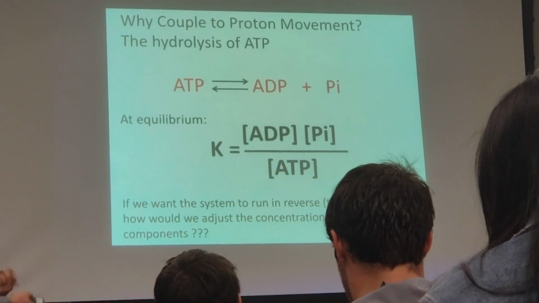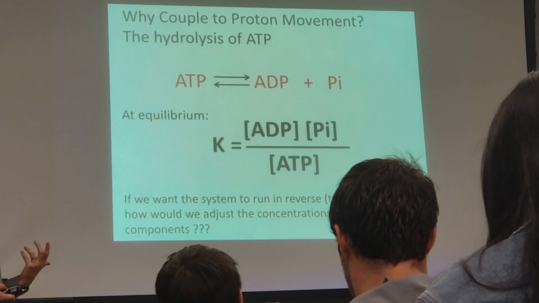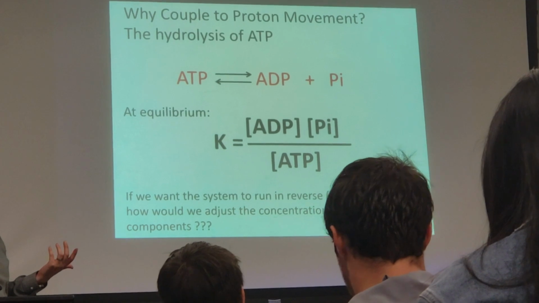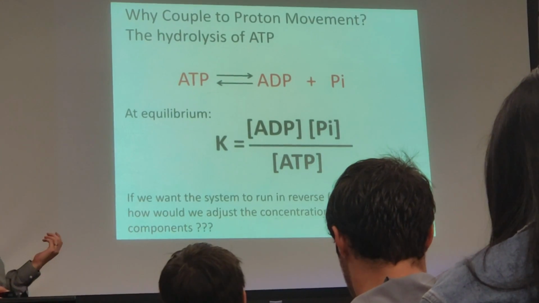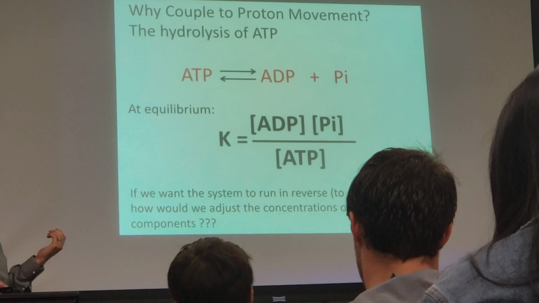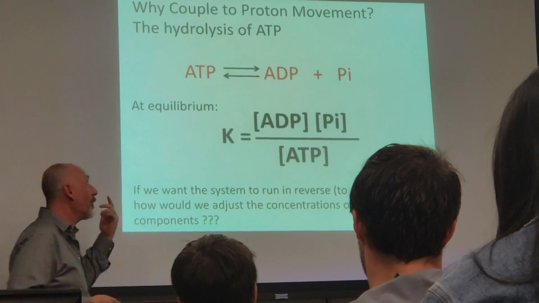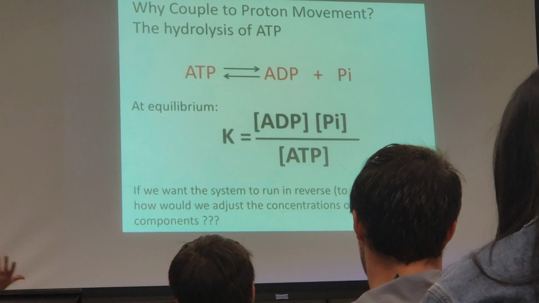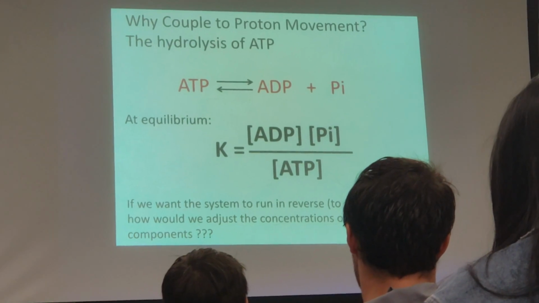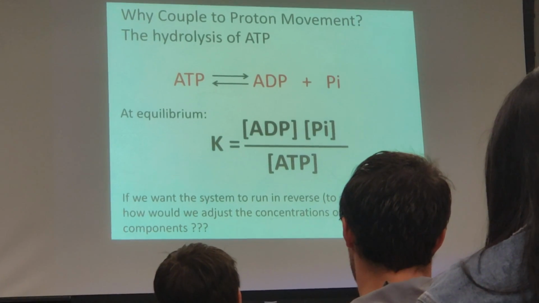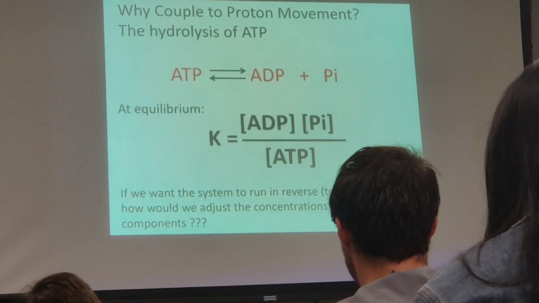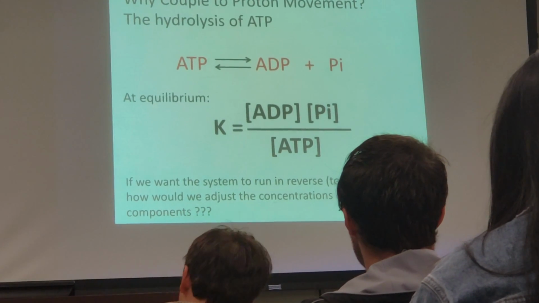Where would I poise ADP and Pi, high or low? That's a good question. I want to run this thing in reverse, so think about how that equilibrium is now opposite of this one, and what would poise it to the left and right.